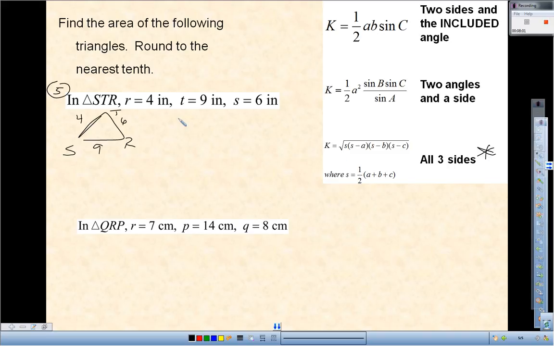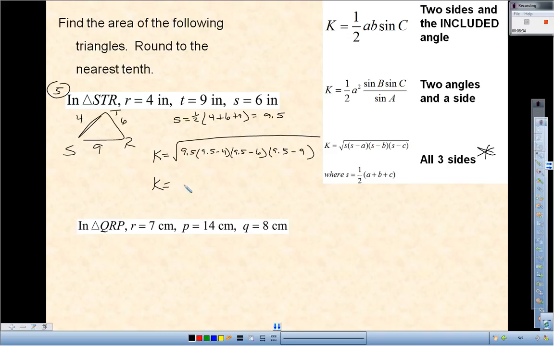For the last formula, the first thing I'm going to do is find my semi-perimeter, which is 1/2 times 4 plus 6 plus 9. 4 plus 6 is 10, and 10 plus 9 is 19, so that gives me 9.5 as my semi-perimeter. My formula is the square root of 9.5 times 9.5 minus 4 times 9.5 minus 6 times 9.5 minus 9.